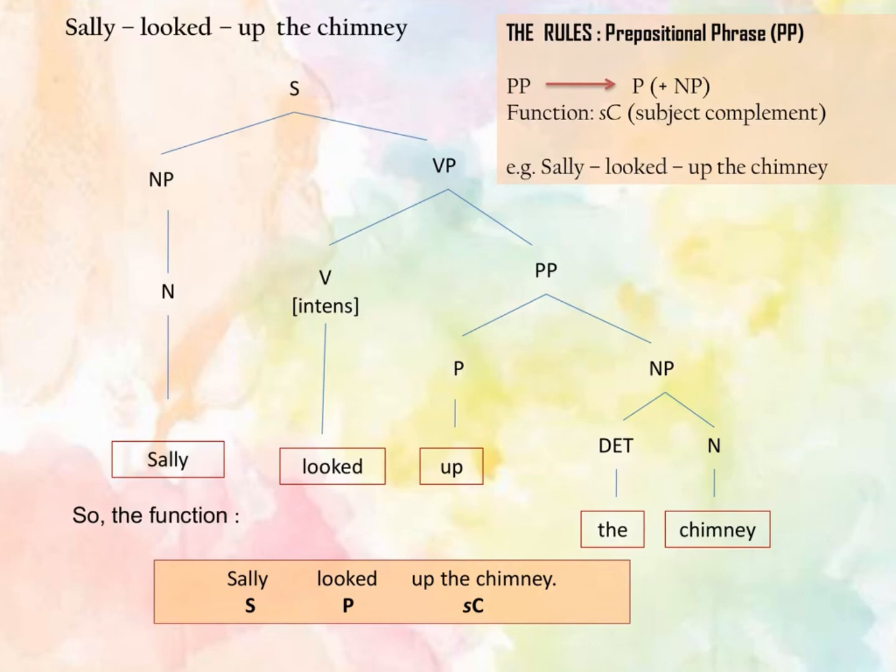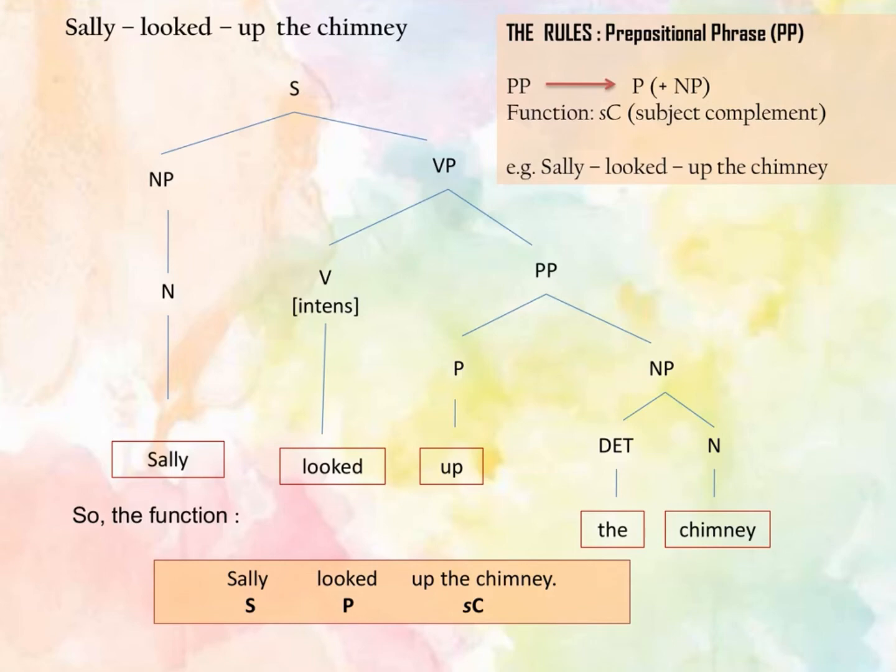Then we go to VP or verb phrase. Here we divide it into two parts. The first is V or verb and PP or prepositional phrase. So V or verb as in look. And then PP or prepositional phrase, we specify it into P or preposition and NP or noun phrase.